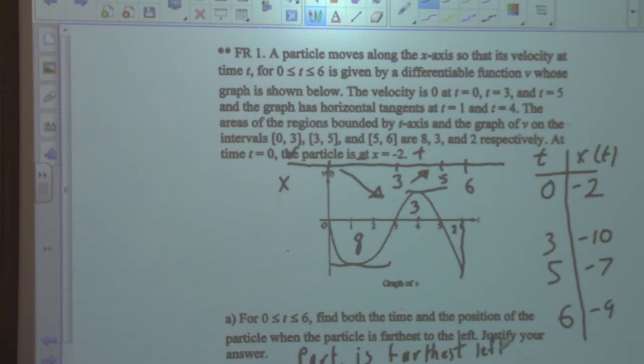Okay, at t equals 3, right? And that's going to be position equals negative 10. And it says justify your answer. How would you justify this answer?